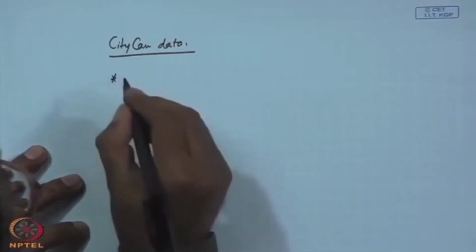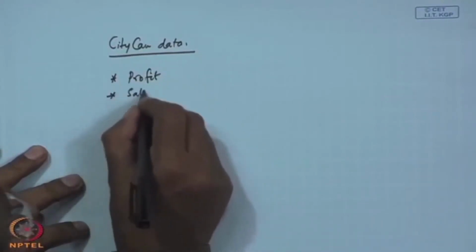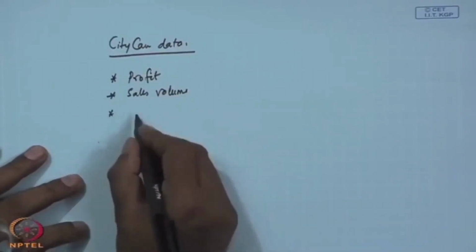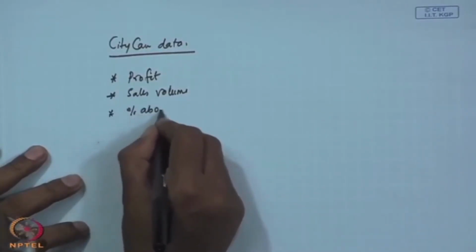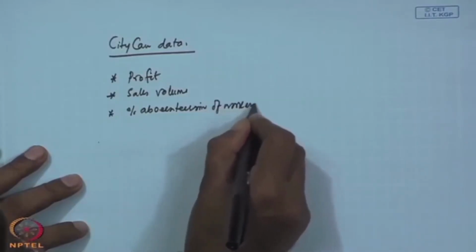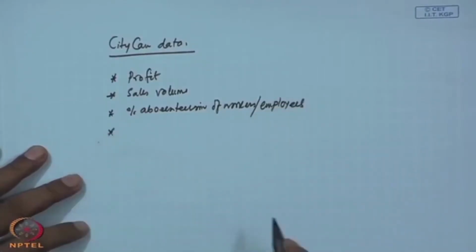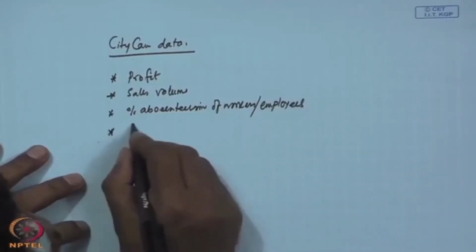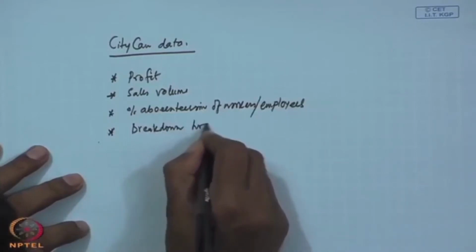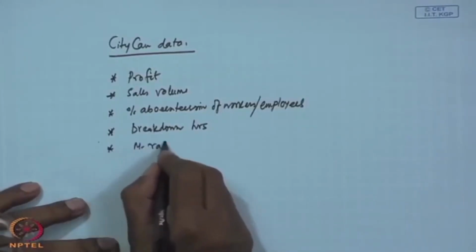The important variables for this particular company are profit, then sales volume, then the percentage absenteeism of workers or employees. Then related to machine, machine breakdown hours monthly. Then they also have a marketing department whose performance is measured through M ratio.